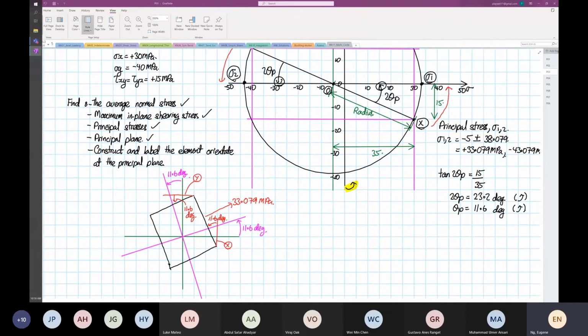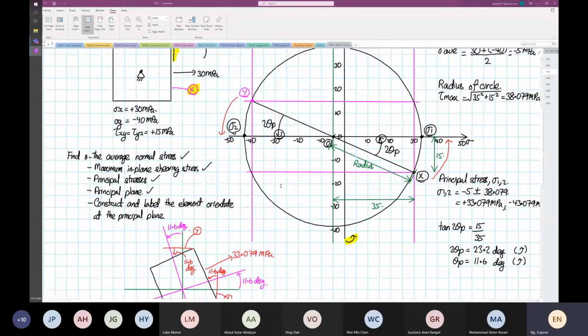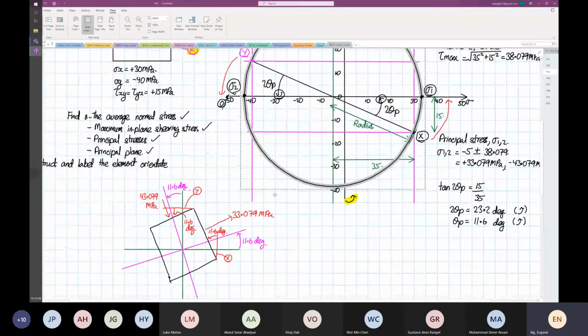Your stress 2 value is equal to 43.079 megapascal in compression.